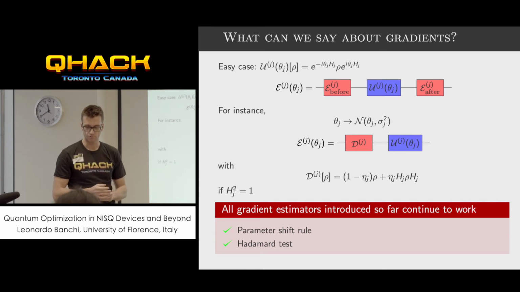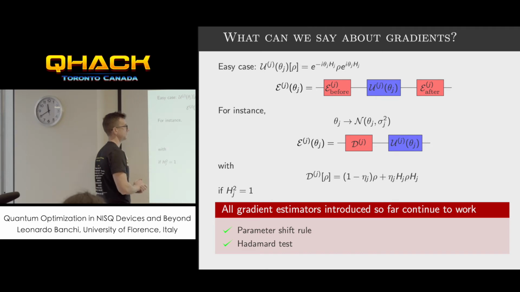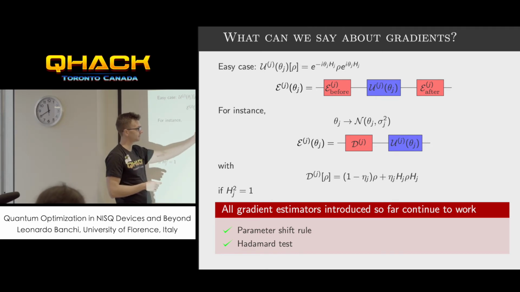One case where you have this sort of noise is when you tell the machine to apply a gate which depends on a parameter theta, but this parameter theta might fluctuate in your experiment.